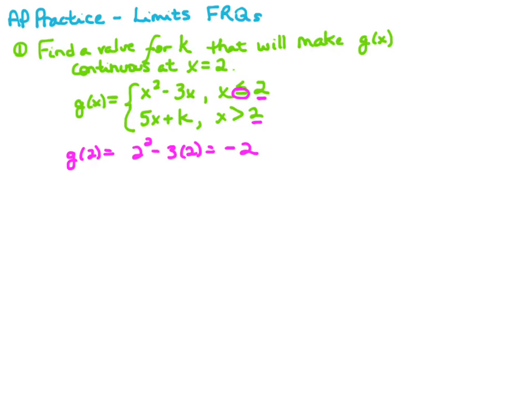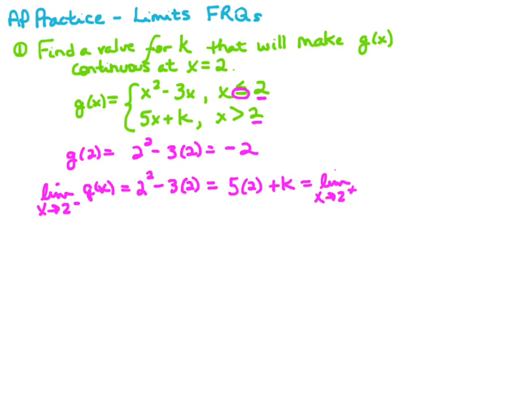So I'm going to set these two pieces equal to each other. We want the limit as x approaches 2 from the left of g of x, and that limit would be 2 squared minus 3 times 2. We want that to be equal to 5 times 2 plus k, which is the limit as x approaches 2 from the right.